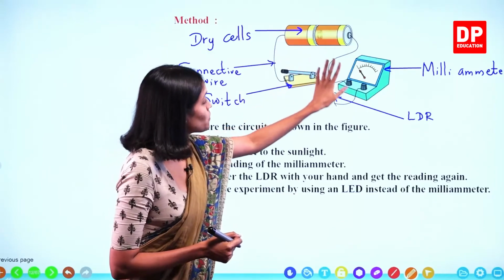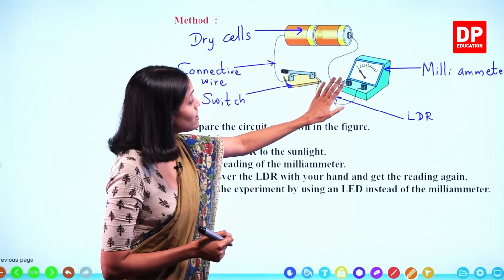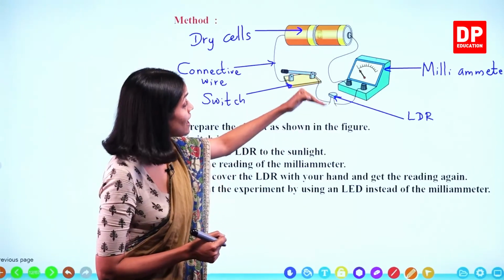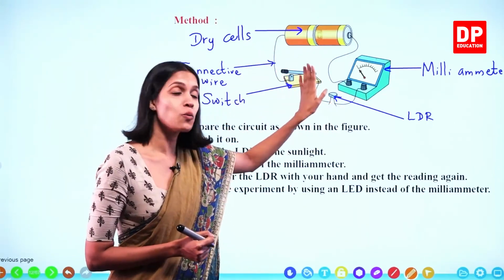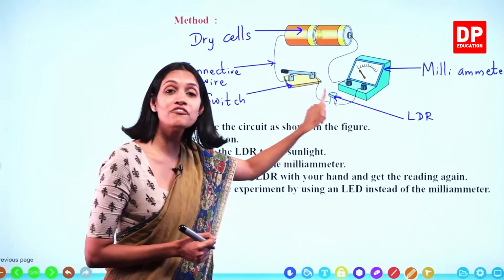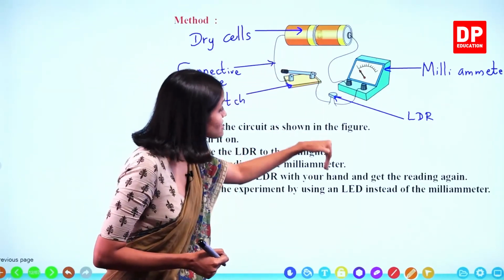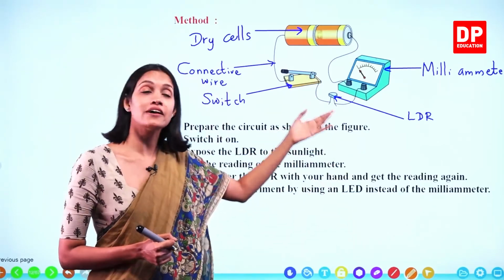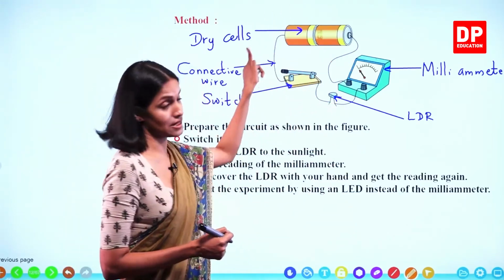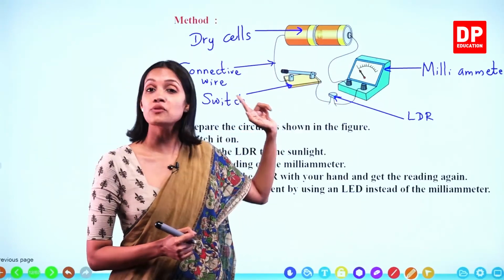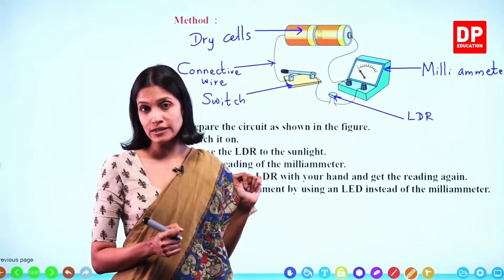So we can come to a conclusion: when we direct torch light onto the LDR, which means with high intensity of light, what happens to the resistance of the LDR? Reduces. Resistance reduces means more electric current passes through the circuit. Therefore, the milliammeter reading increases and the brightness of the LED also increases.